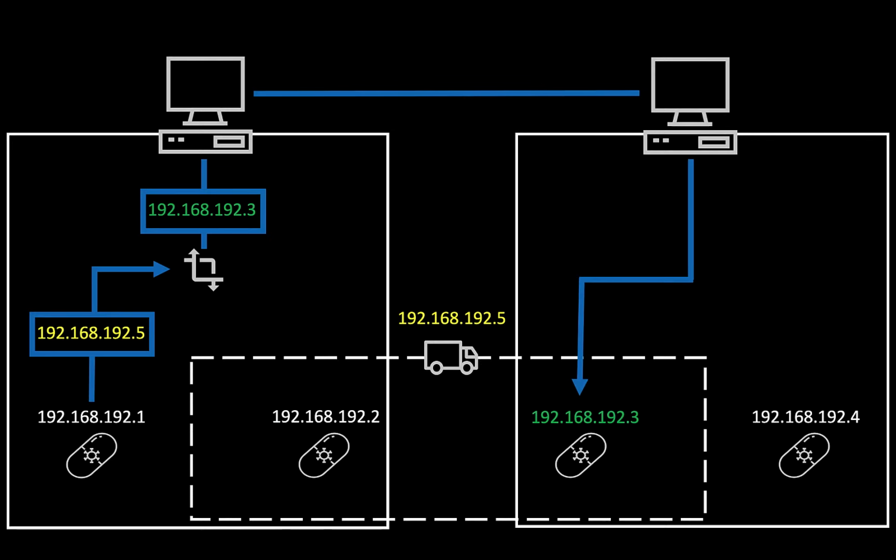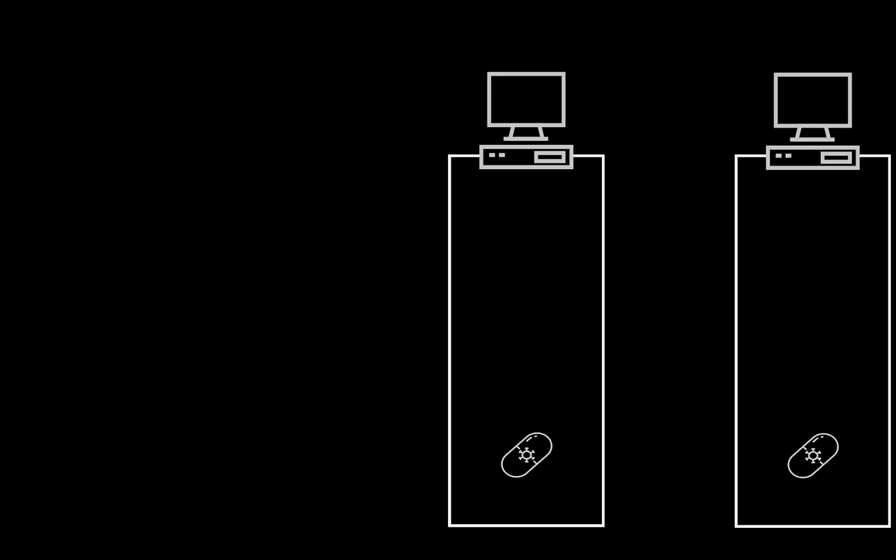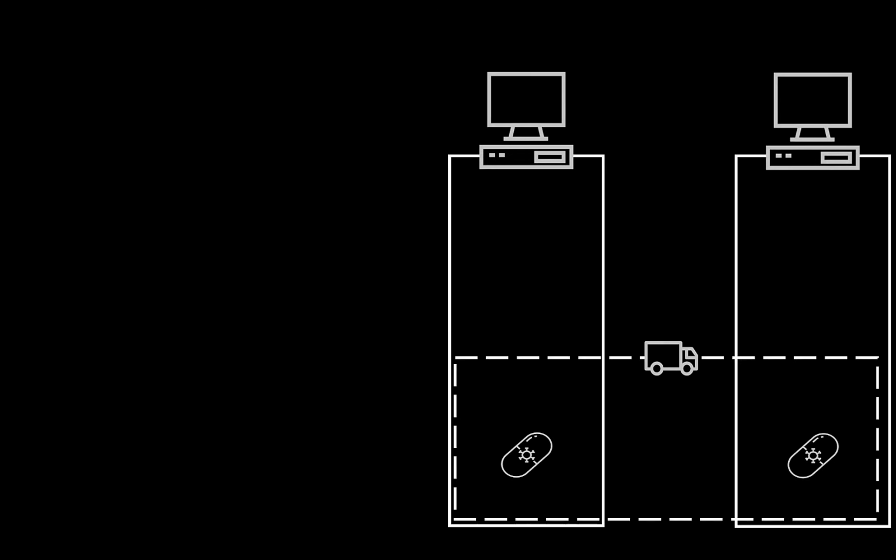That's how a cluster IP service works, but those services are only exposed within the internal network. What if you want the service to be accessible to external clients? For simplicity in this example, each node only has one pod, and both pods are part of a network service. Each node has an external IP address, and each pod has an internal IP address. And the service is assigned a port number.